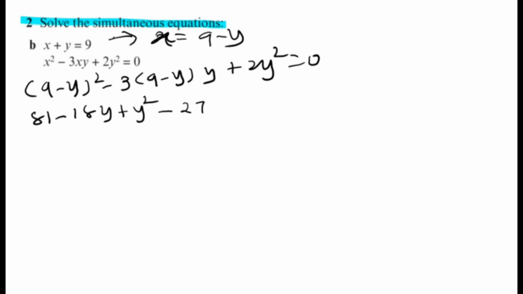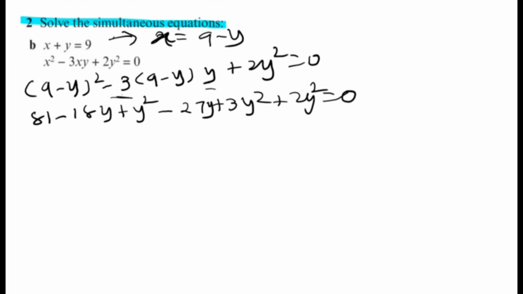Minus 27 plus 27y and plus 3y squared, because we have to multiply with 3 and y both, and plus 2y squared is equal to 0. Okay, we have to be careful with the simplification because here minus 3 and y both we have to multiply with this bracket.